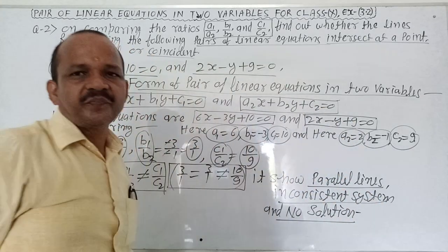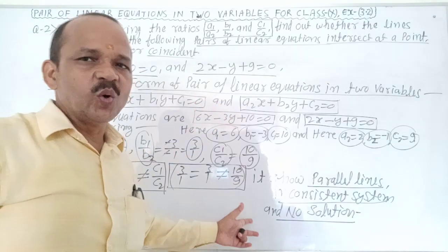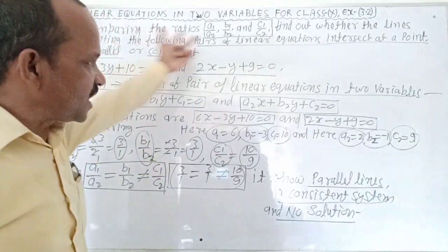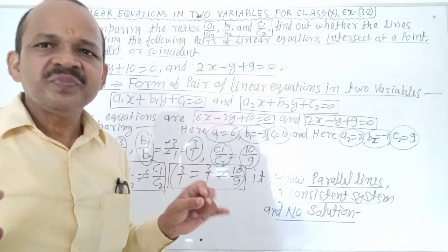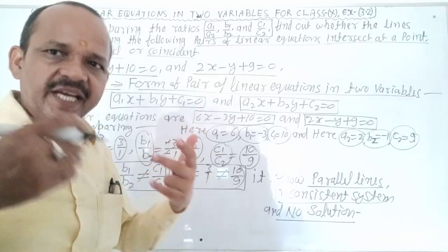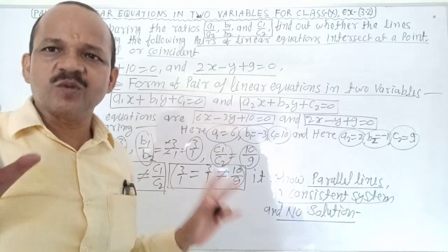No solution. It is clear? No confusion about it? Your solution is clear? It is easy? Very good. In this way you can solve any question with the help of this solution.